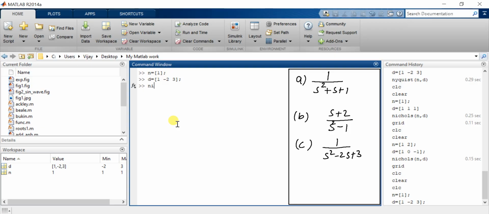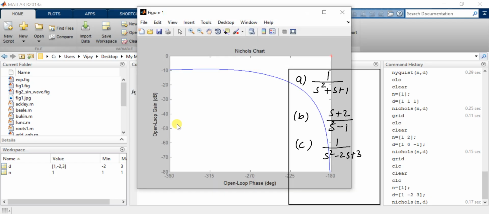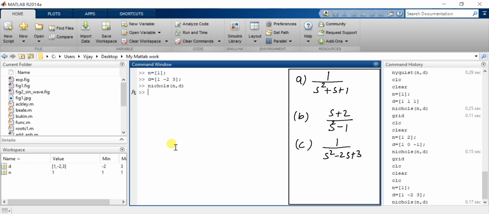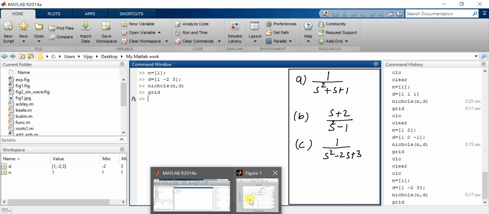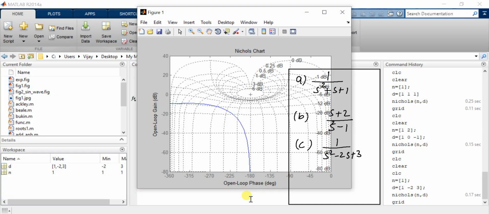And you can simply draw the Nichols chart by passing n comma d. Just make grids on by simply writing grid, and it will give you the Nichols chart for this particular system.